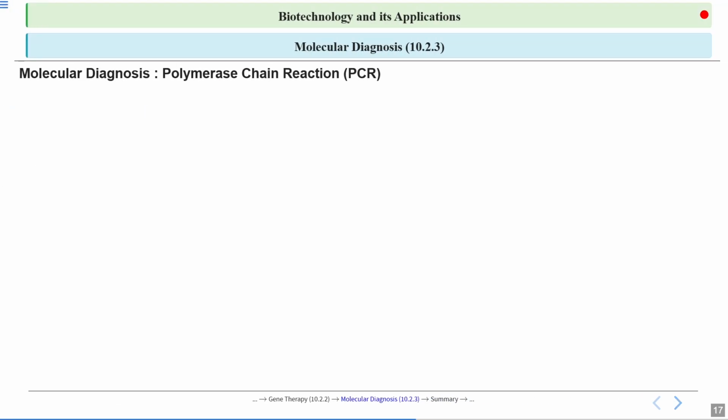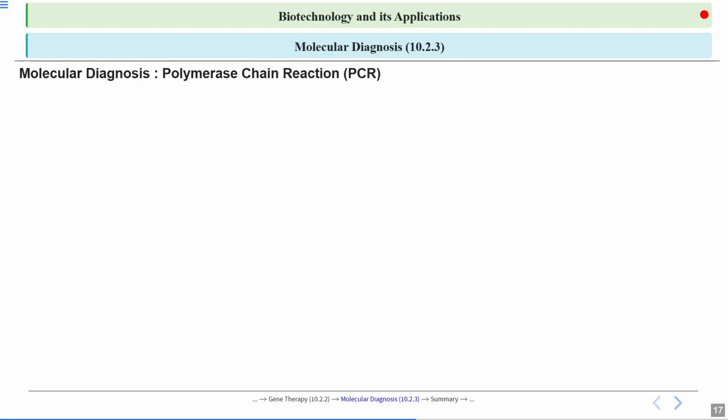The first molecular diagnosis is polymerase chain reaction. We studied in the last chapter what polymerase chain reaction does. It amplifies the nucleic acid.